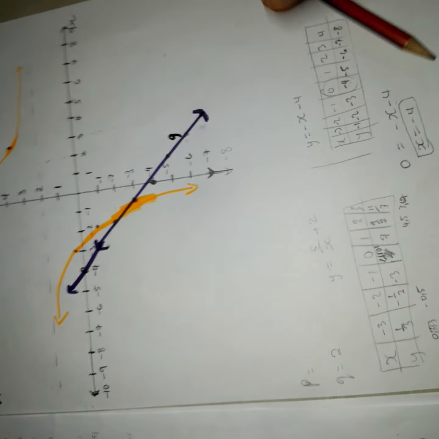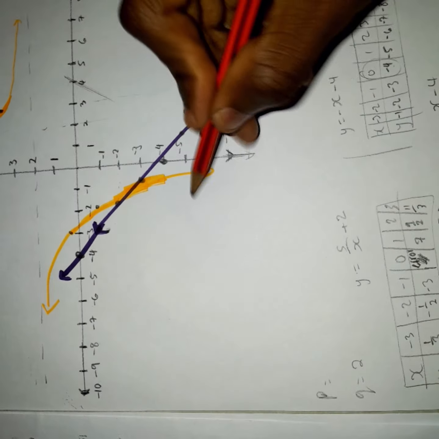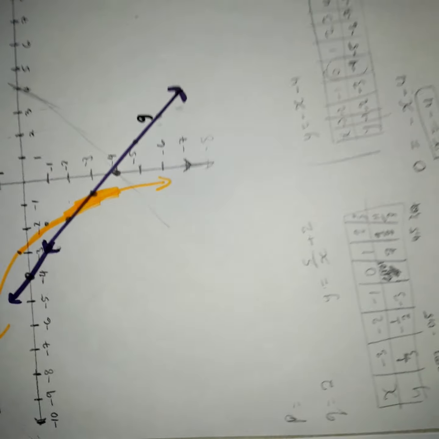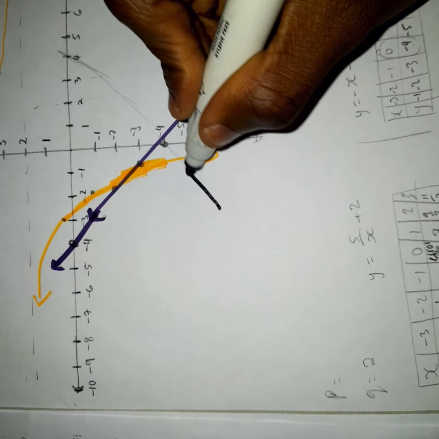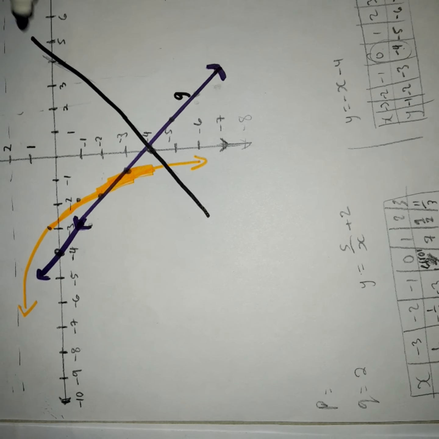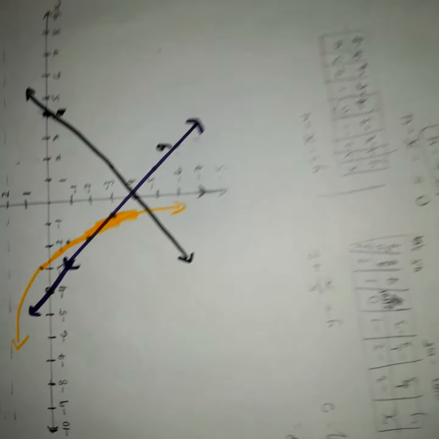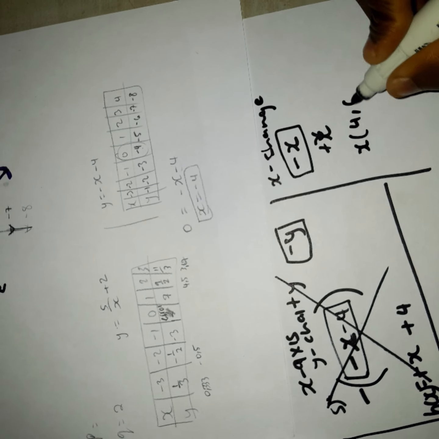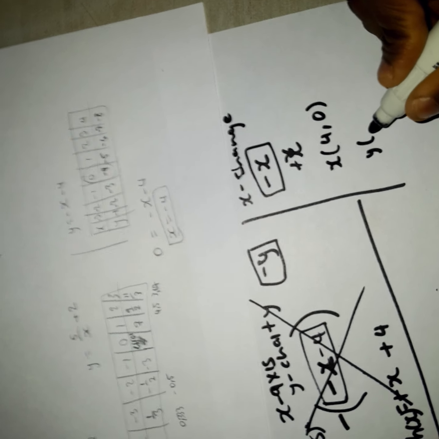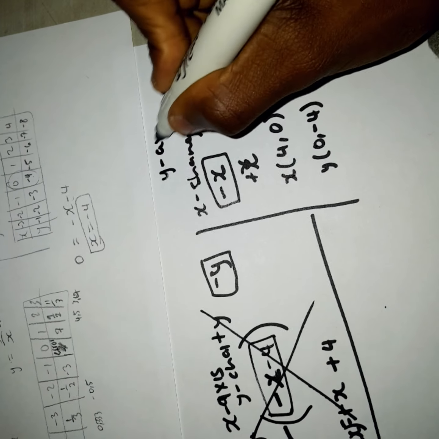So the x value of the reflected graph will be at positive 4, but the y value by the y-axis will still remain the same. So let me just use this black one. It will be here at 4. So our x-intercept will be 4 and 0, and the y-intercept, here it was negative 4, so it will still remain the same. So this is when we reflect it over the y-axis.